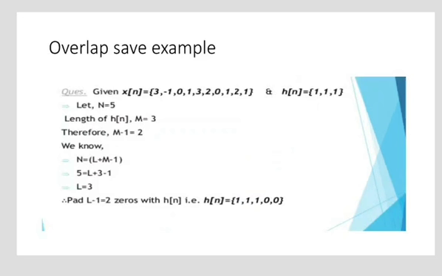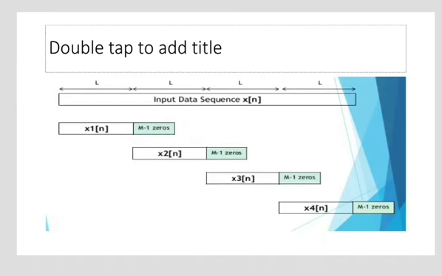This method is similar to the previous method at the start. So consider N is equal to 5. The length of h of n is the value of M, that is equal to 3. So M minus 1 is 2. We will find the value of L, that is 3, and here we pad L minus 1, that is 2 zeros, with h of n. So h of n will be 1 1 1 0 0.